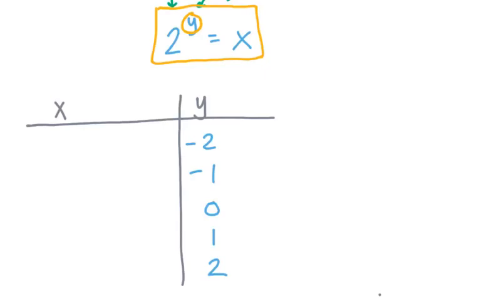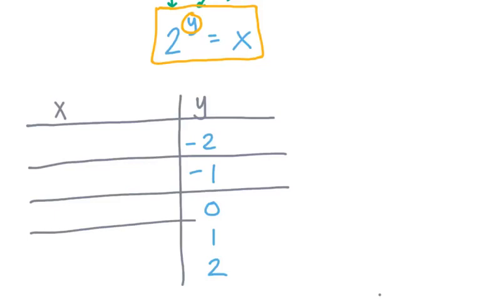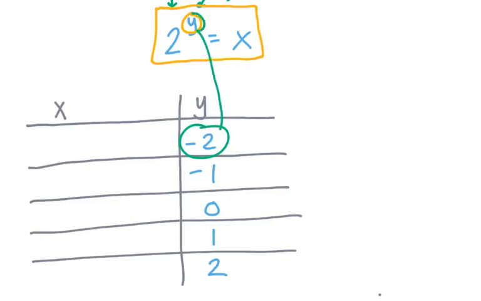So now to find the corresponding x value for each of these y choices, we're just going to follow the rule of the function. Our function here says take whatever you're plugging in for y and take 2 to that power. So when I take 2 to the power of negative 2, like we talked about when we graphed exponentials, that's the same as 1 over 2 squared. So I'll just say it out loud since I'm a little tight on space. And 1 over 2 squared is just 1/4.